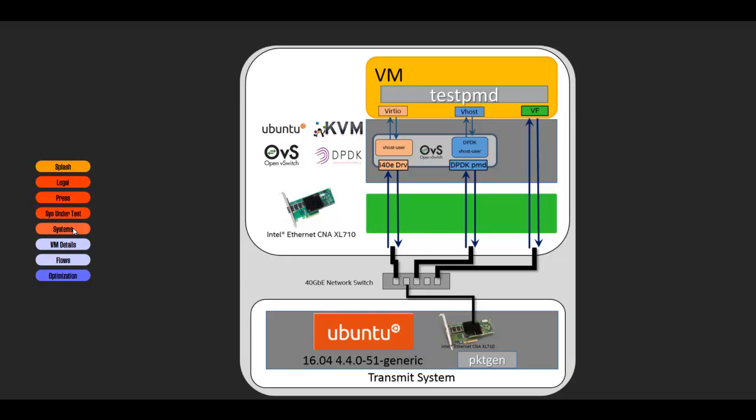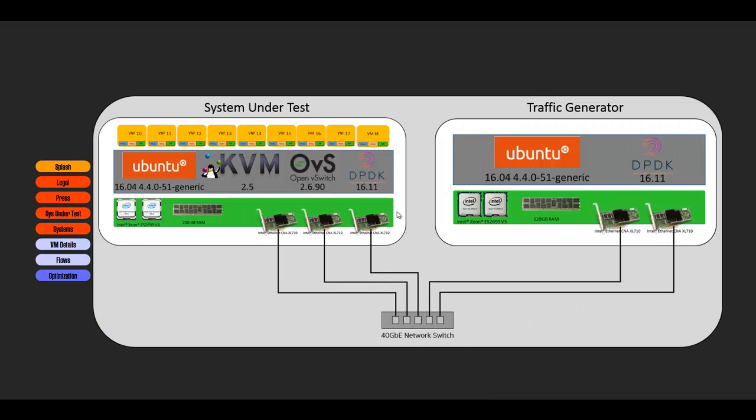And so the systems are going to look like this. On the left here, we have the system under test with the 9 VMs. So we have 8 VMs we're going to use for testpmd, and 1 VM, we call that VM18, instead of the VNFs over here, we're going to do the netperf test on it, so you can see the traditional stack. These are all identical VMs.